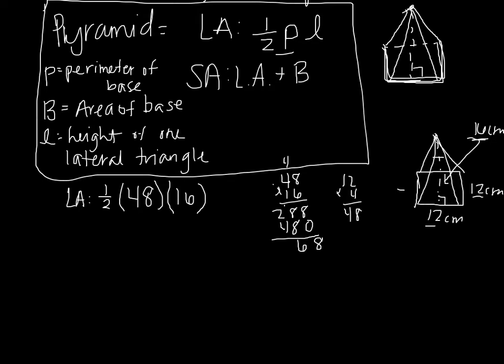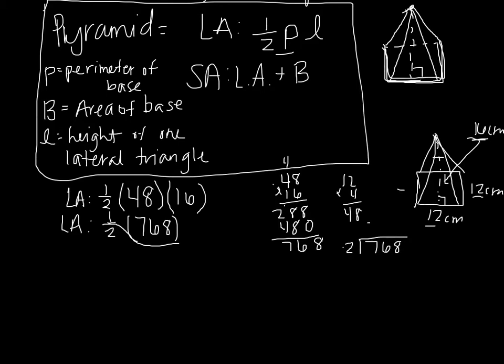I'd get 768 times 1/2, and that is my lateral area. Remember when we multiply anything by 1/2, really we are dividing it by 2. So I have to take my 768 and divide it by 2.